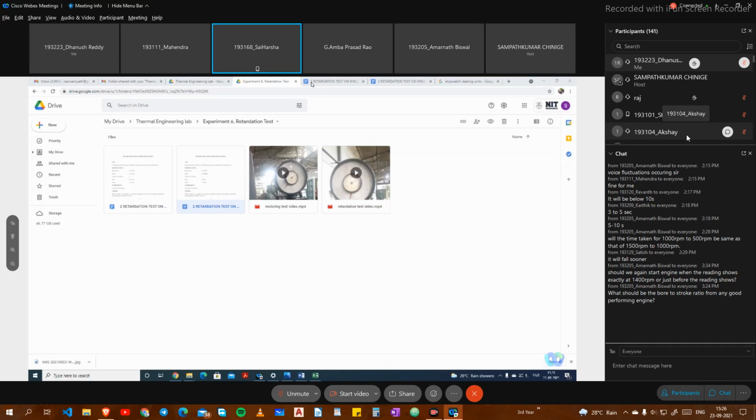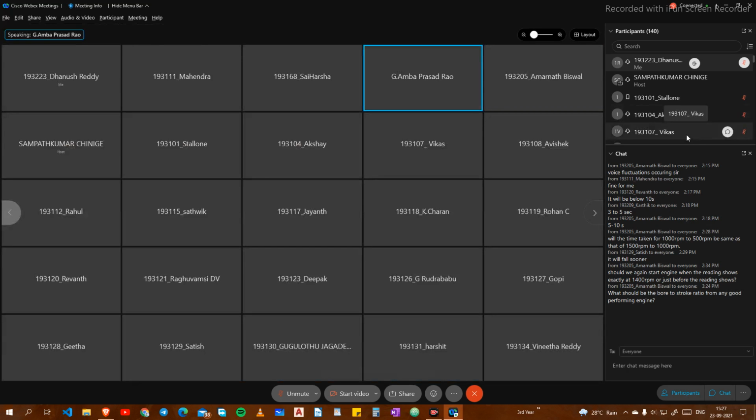See, please understand, we are telling right from the beginning, the pamphlet that was shared is with respect to a variable speed engine, where it is written wide open throttle, full throttle. Whereas we conducted the experiment at a variable throttle. Are you clear now? So when we do the variable speed test, don't bother about wide open throttle or full throttle as long as the performance test is concerned.